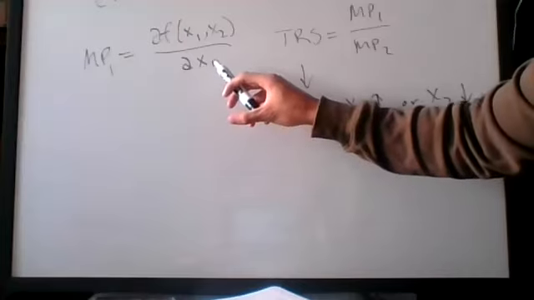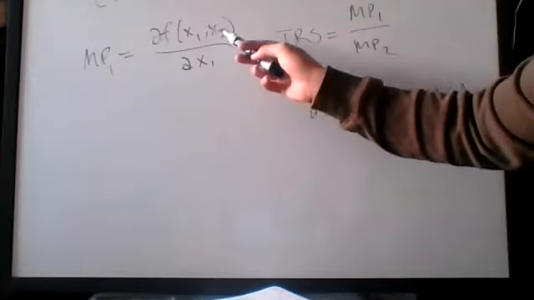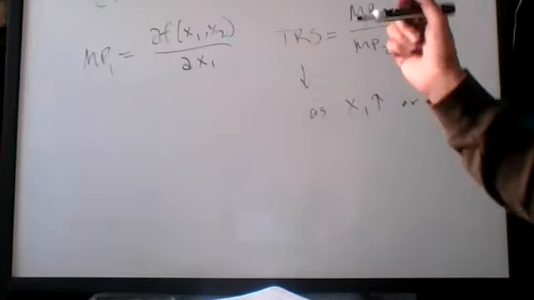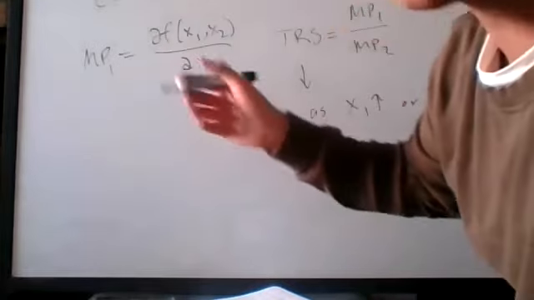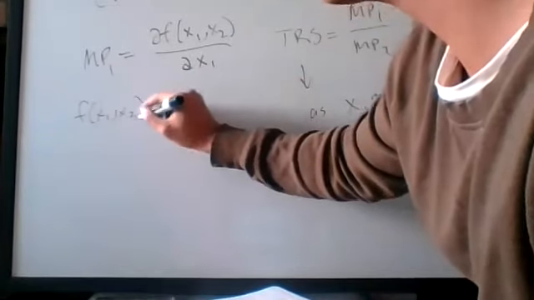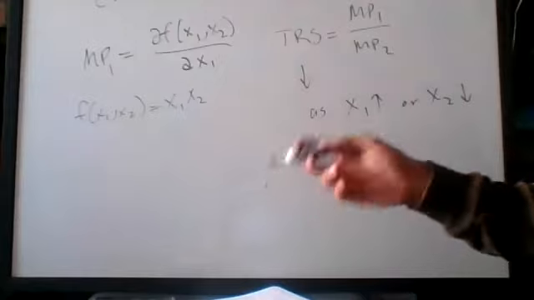Because increasing x1 is always going to increase my level of production, right? So let's say, just for a quick example, that f of x1, x2 is equal to x1 times x2, right? Because we know that this is going to have diminishing marginal products.